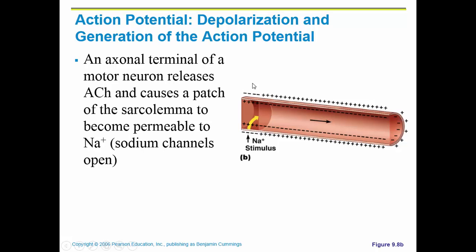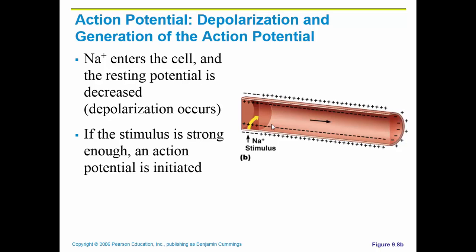When the acetylcholine is received on the sarcolemma at the motor end plate, it changes so that the sarcolemma becomes permeable to sodium, meaning that the sodium is now free to go into the cell. Remember that ions always want to diffuse from high to low concentration, and we had more sodium on the outside, less on the inside, so sodium is going to flow inside. It's going to go through a channel or a protein.